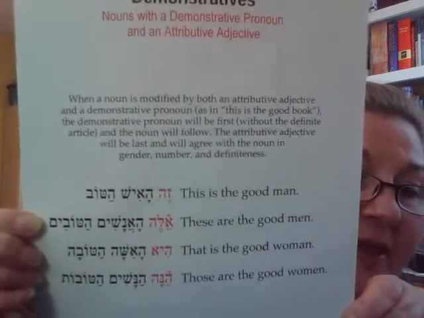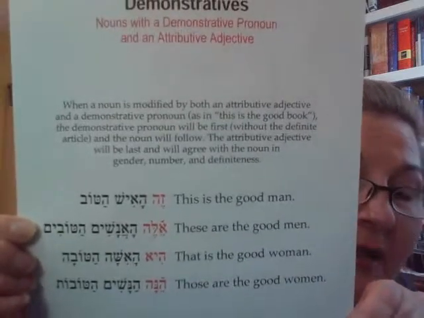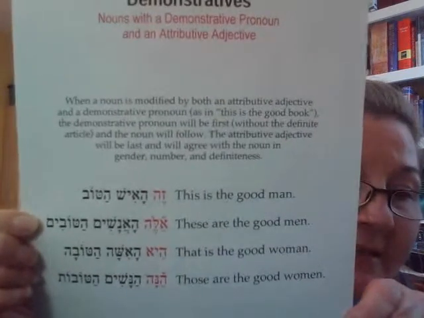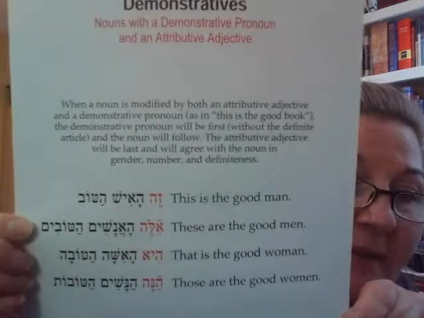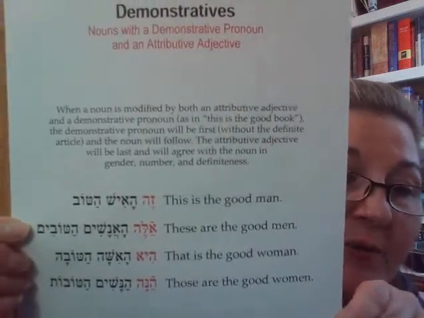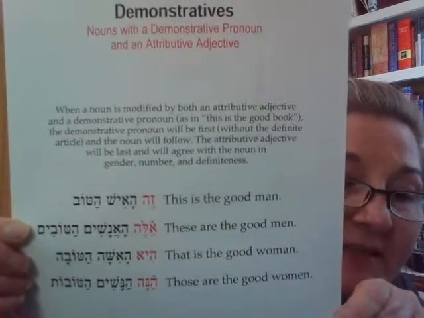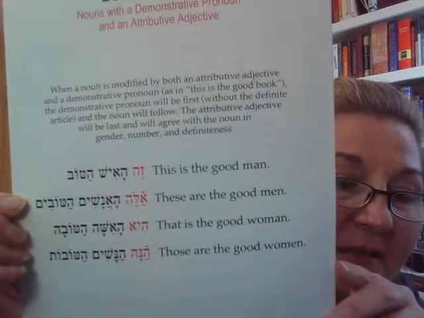Ha'anashim, the men, masculine, plural, with a definite article; hatovim, masculine, plural, with a definite article. So again, the attributive adjective is going to be last, and it's going to agree with the noun in gender, number, and definiteness. I'll let you look at those for just a moment.